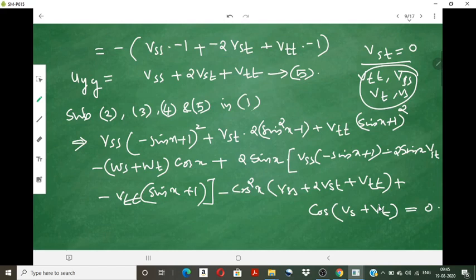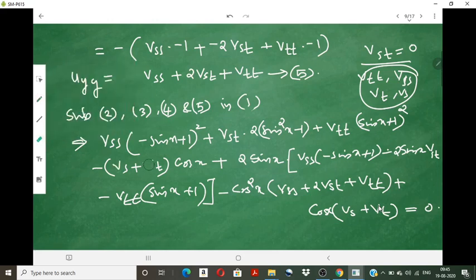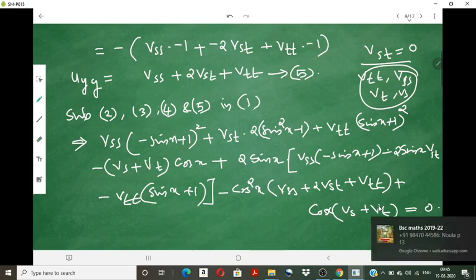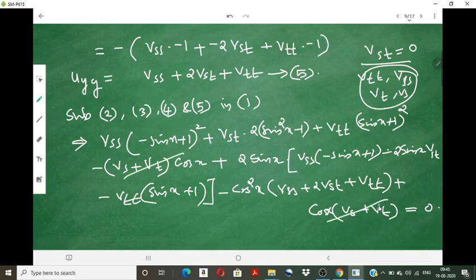Now first consider Vs and Vt: cos x into Vs plus Vt is there. Is there its negative term? Yes. There is minus Vs plus Vt into cos x plus Vs plus Vt into cos x. So those terms will get cancelled.